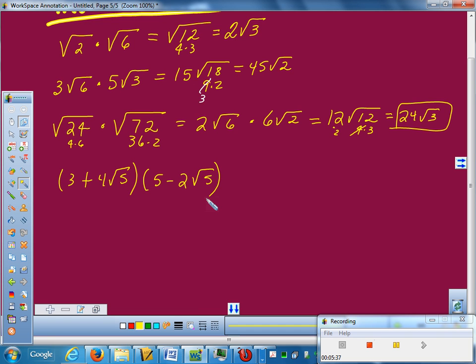I have 2 different quantities there. Any instinct as to what you do to multiply that? I got a factor, a FOIL, which I think is what you mean by factor.